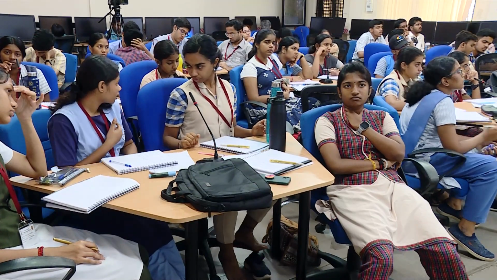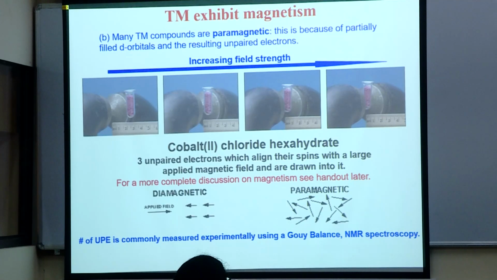So I told you that they contain unpaired electrons, so they can be paramagnetic or diamagnetic. Bulk metals can be used as magnets. Here we are talking about simple metal compounds which are soluble in solvents or in the solid state.